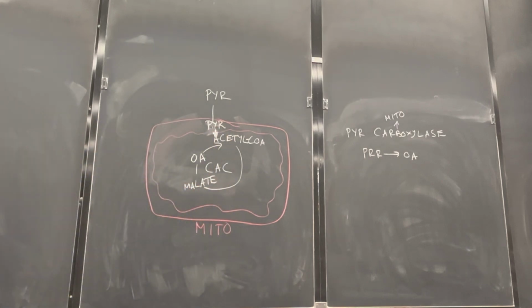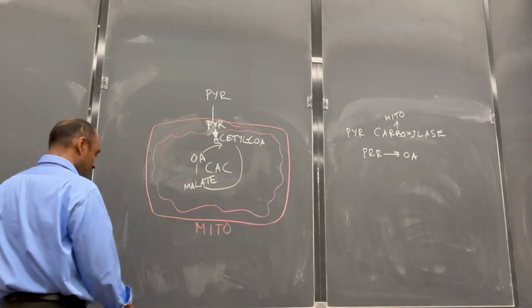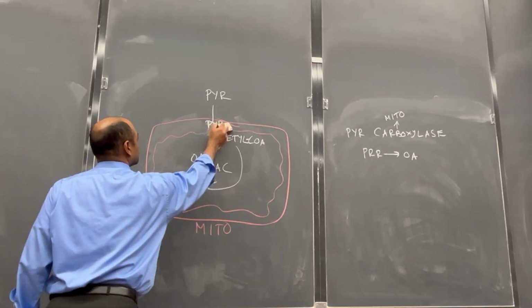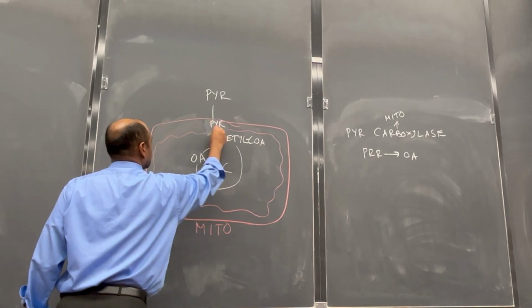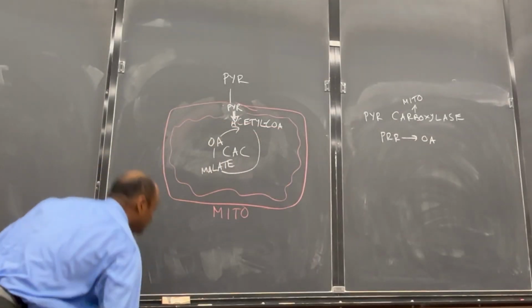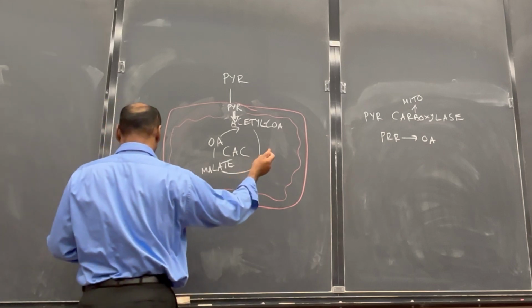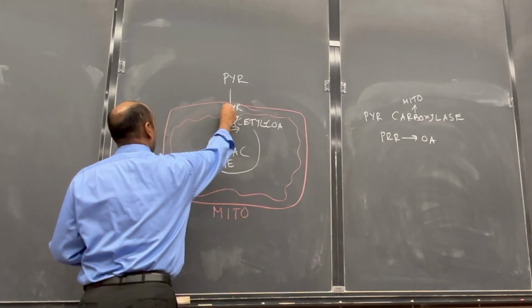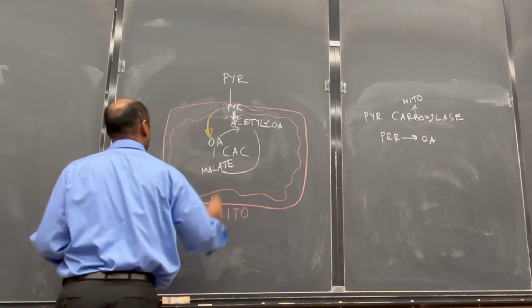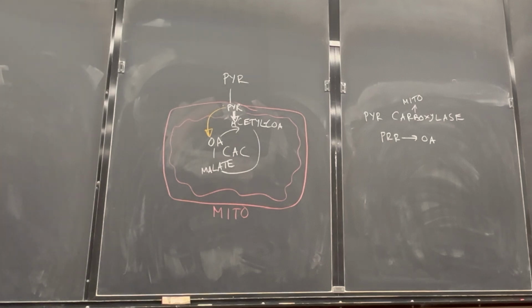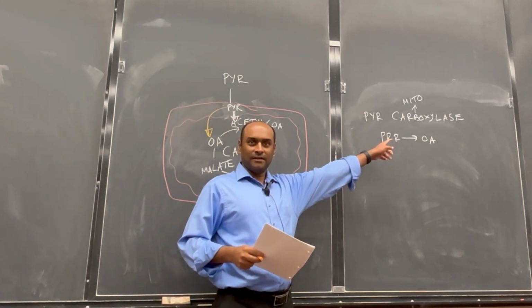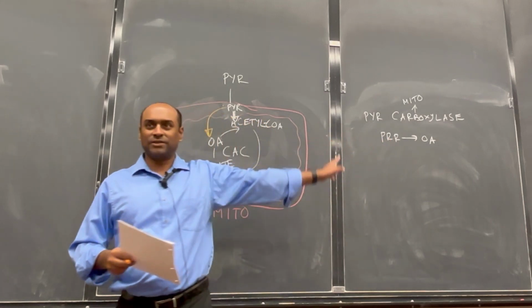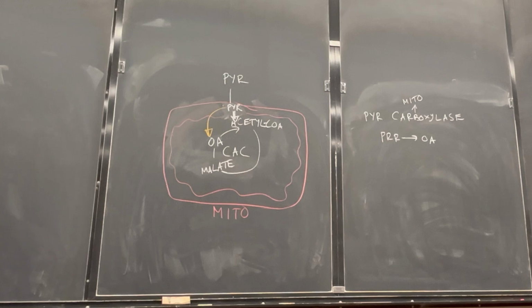When gluconeogenesis is happening, this pyruvate will actually go to OA. You make OA from pyruvate by this pyruvate carboxylase, right? Remember, this is a mito enzyme, so it has to happen in the mito.